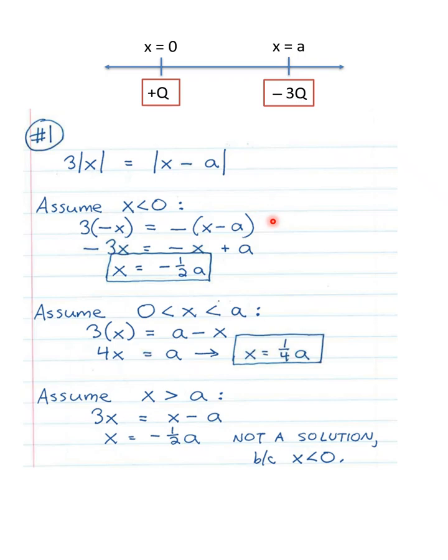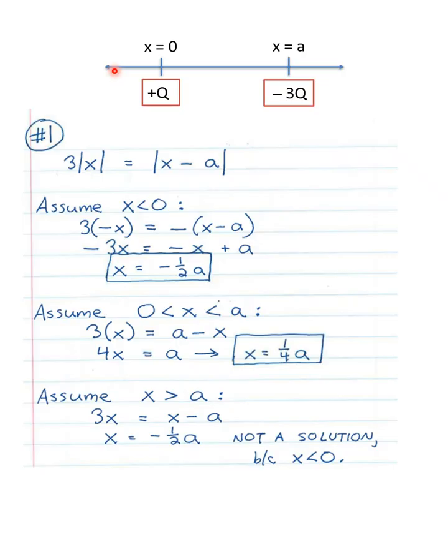Go through, plug in real numbers if you want to, but convince yourself that that's how you would deal with the absolute value if it were on that left region. Once we get that, we have negative 3x equals negative x plus a. I've just distributed the negative signs, and we get x equals negative 1/2 a, which, if there's 0 and that's a, would be right about right here.